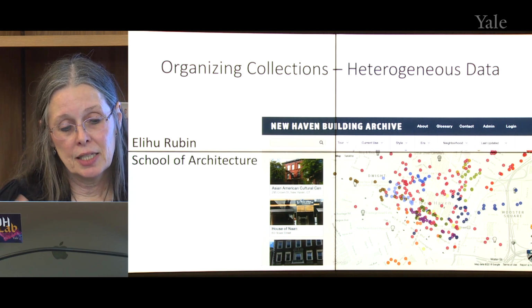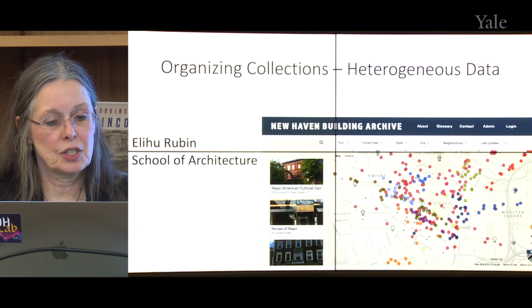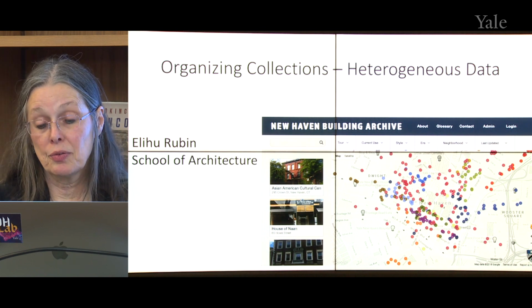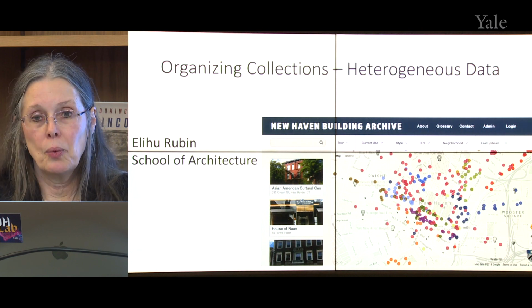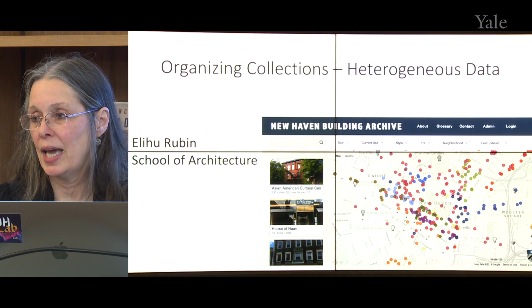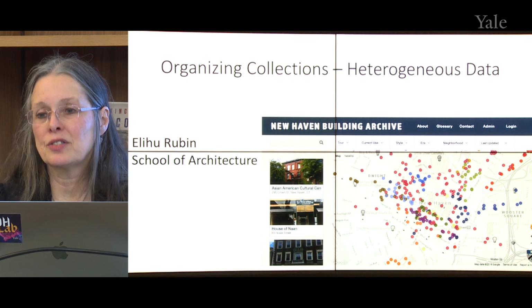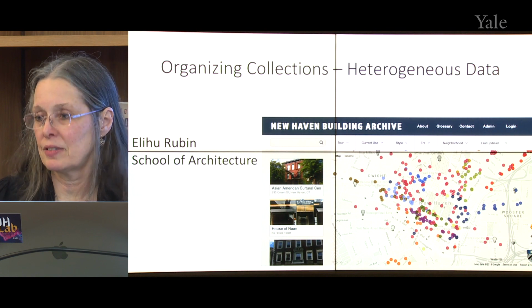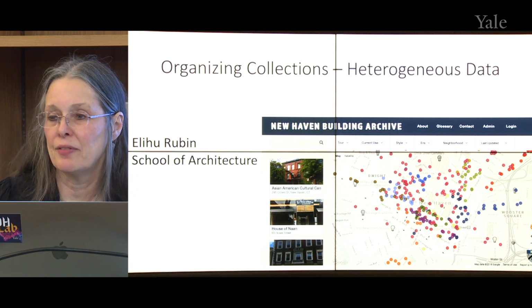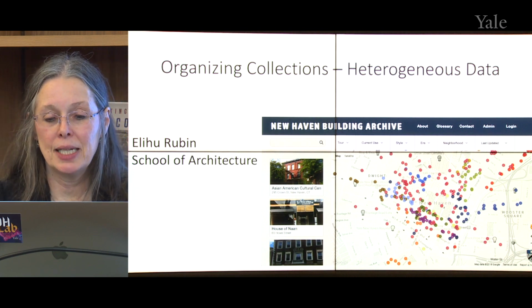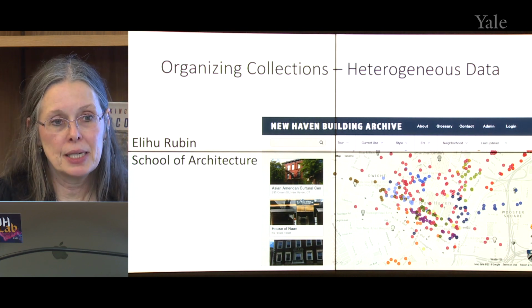This is Elihu Rubin from the School of Architecture, who has developed this over many years through a course he teaches, where students document details of buildings in New Haven. The idea is history is not just the great persons and the famous buildings, but it's our communities. It's where we live, and where we live is New Haven. So we're documenting the individual buildings in New Haven.